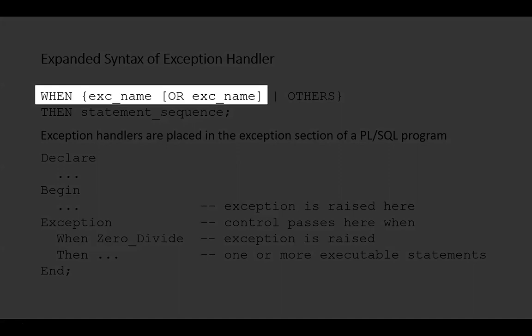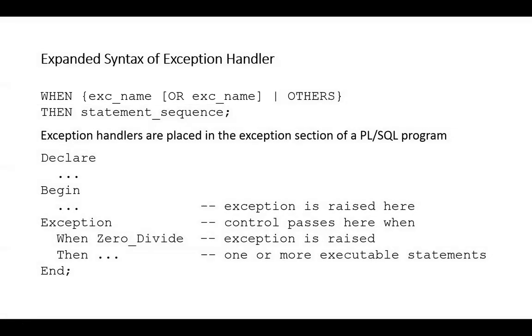The expanded syntax of the exception handler says that we could possibly handle more than one exception with a single exception handler block by listing the exception names connected with OR. So for example, what we could do is say WHEN ZERO_DIVIDE OR INVALID_NUMBER, then take the same action if either of these occurs.